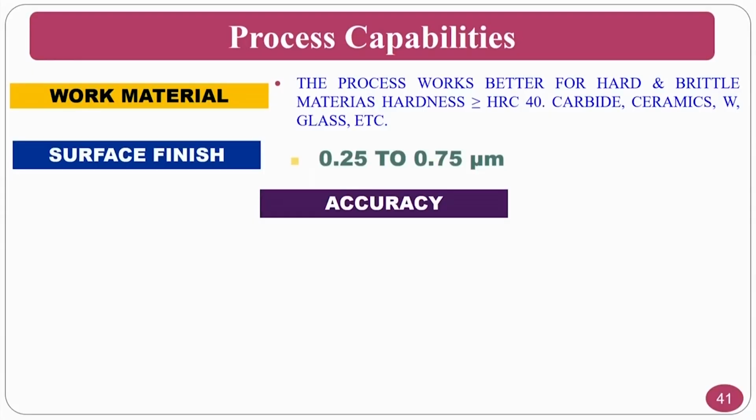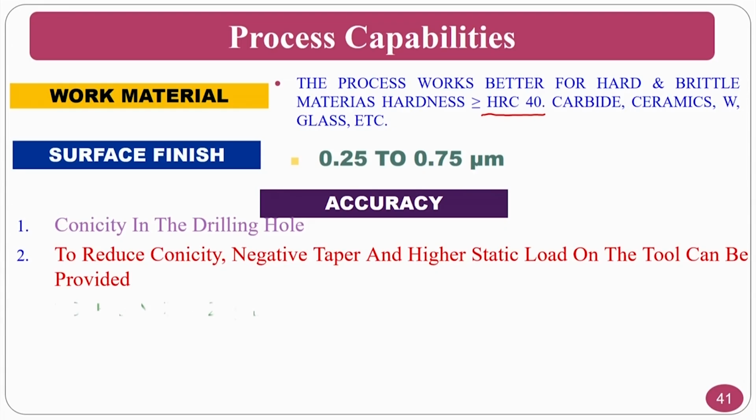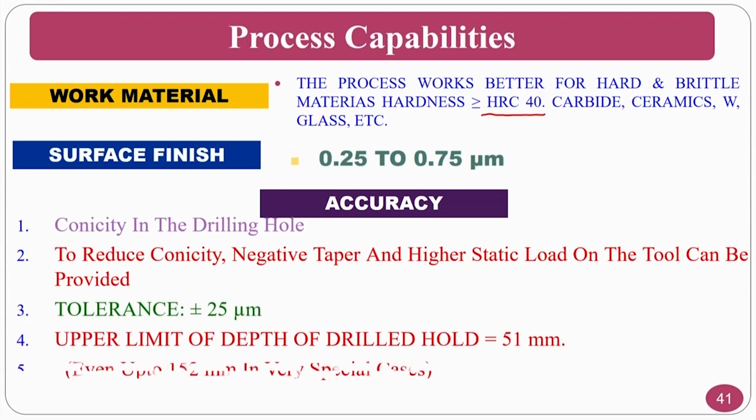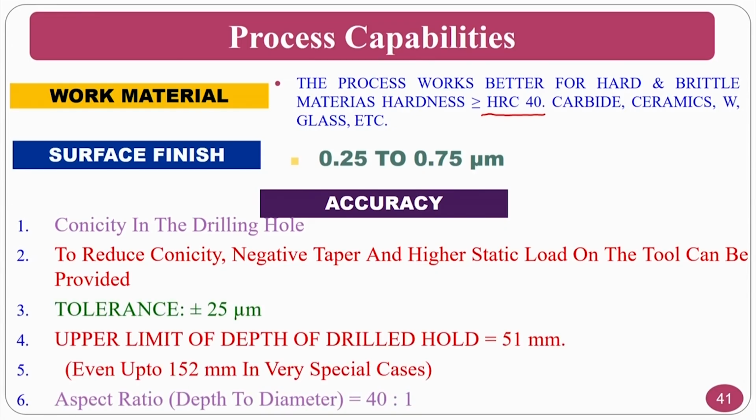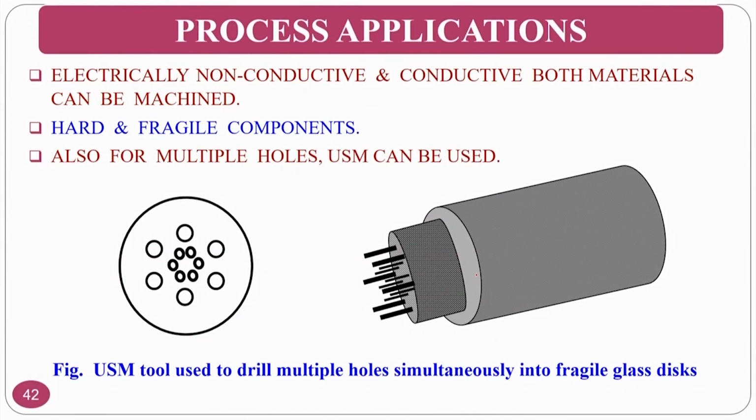The process capabilities, normally workpiece material, now you can go up to 40 HRC, carbide, ceramic, surface finish also you can achieve. Conicity and tolerances we have seen in the upcoming slide, and an aspect ratio of approximately 40:1 you can see. And this is what I was saying, that you can make multiple holes by using multiple features of the tool.